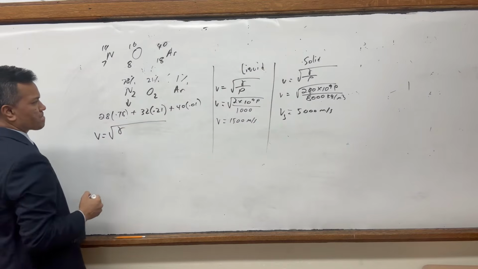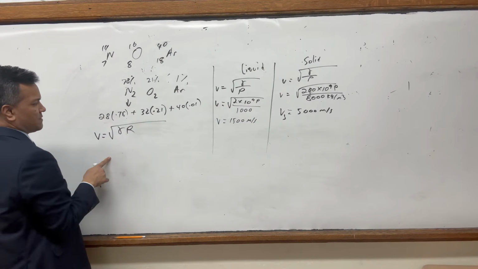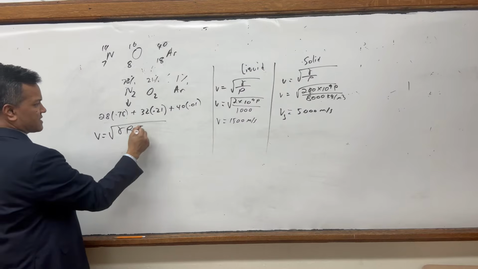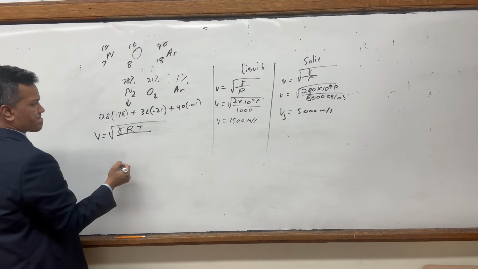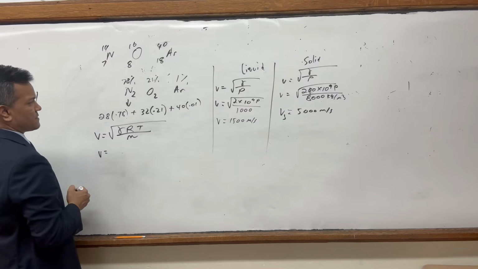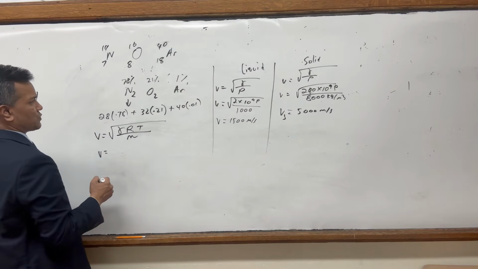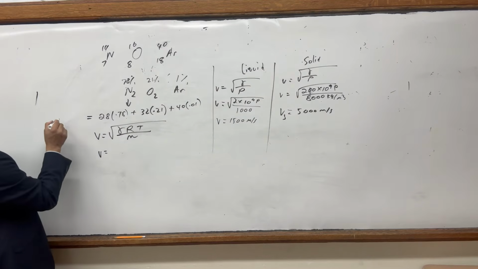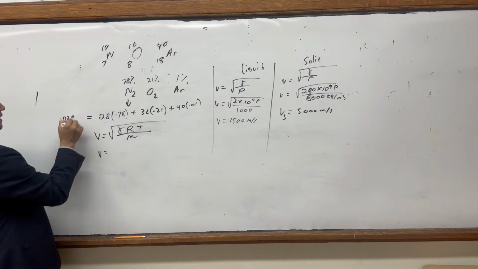Velocity is the gas constant, temperature, and molar mass. The molar mass is 0.029.